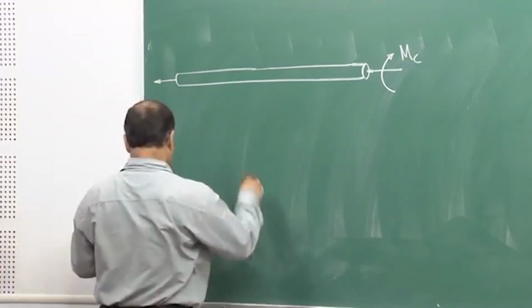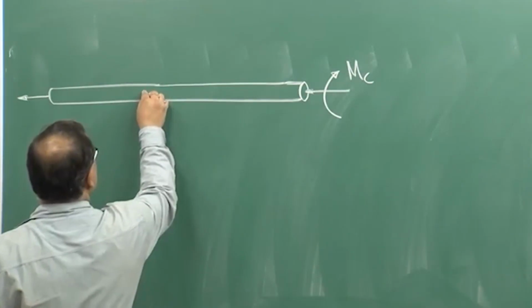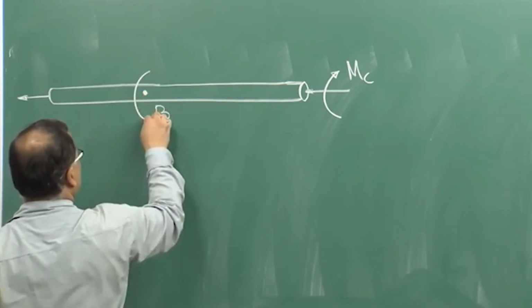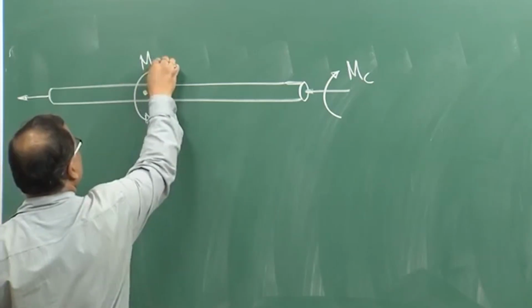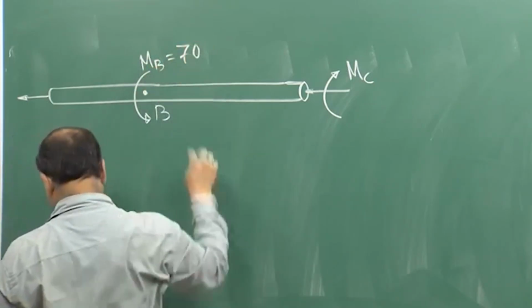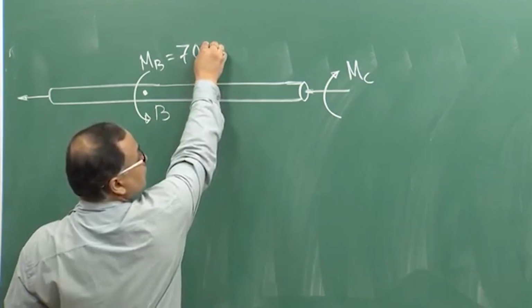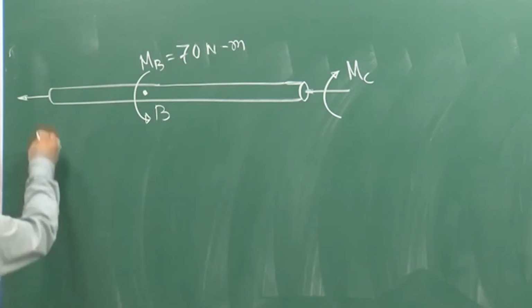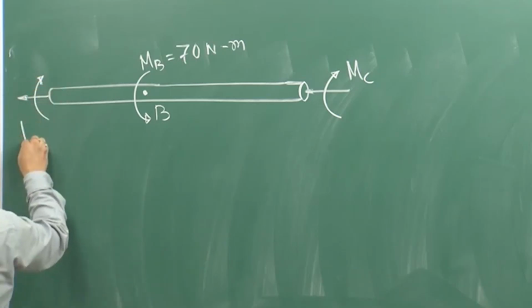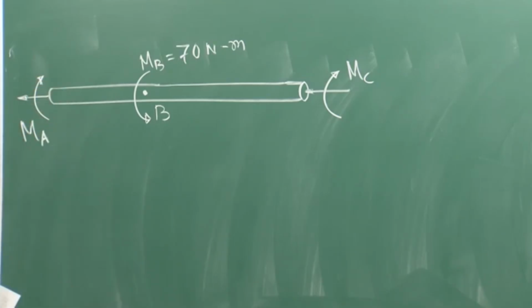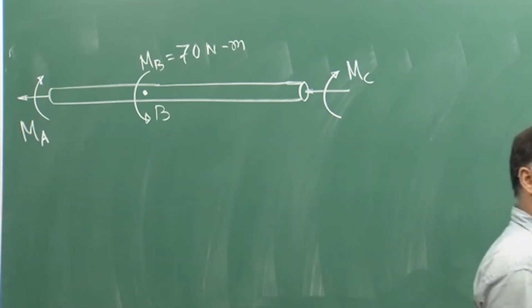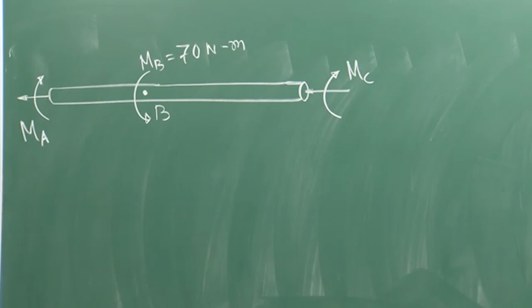At point B you have a moment MB equal to 70 Newton meter. Similarly, at support A you will have a moment due to the reaction at the support, and that is MA.